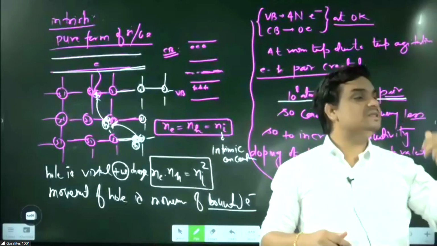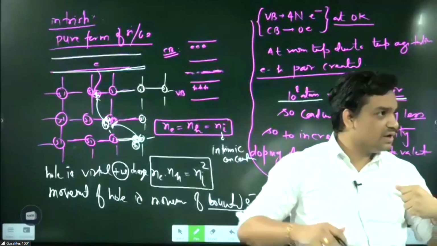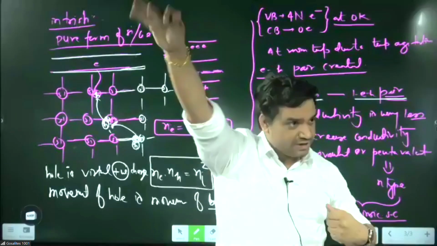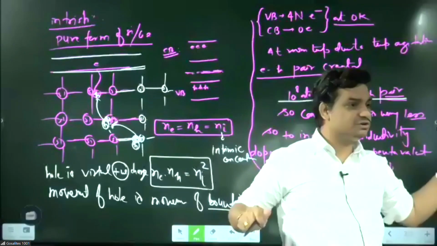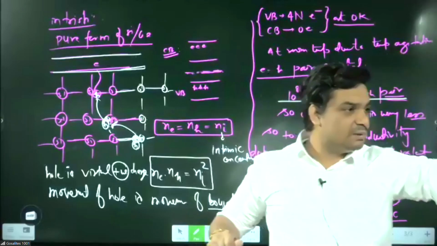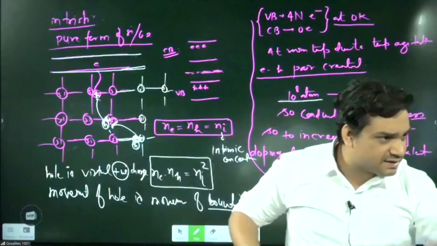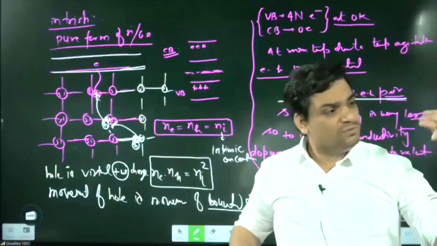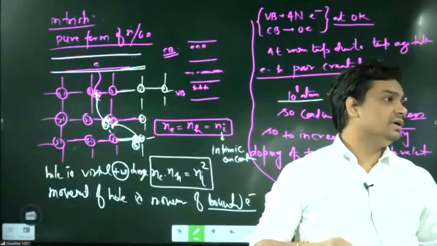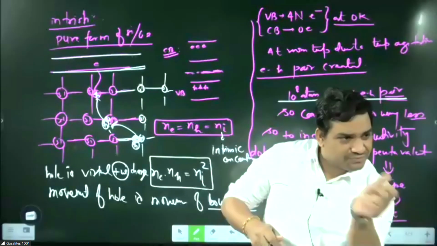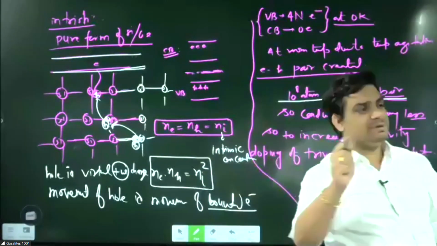Bounded are moving with lesser energy. Free are moving with more energy. Bounded basically need lesser energy to move. Which will have more mobility, bounded or free? Of course, free will have more mobility.